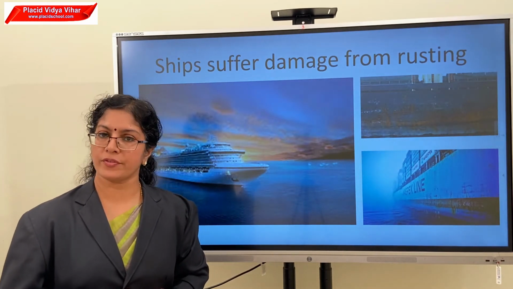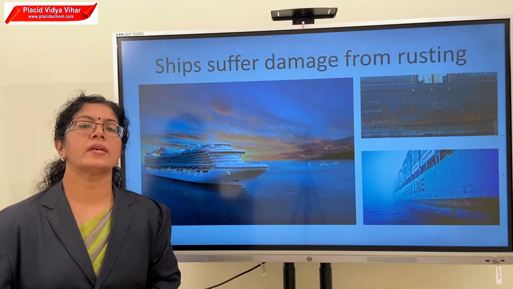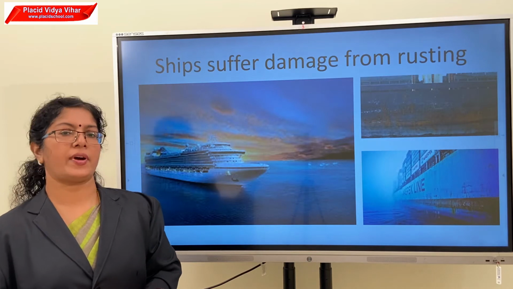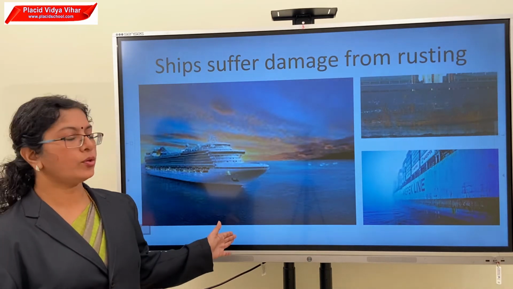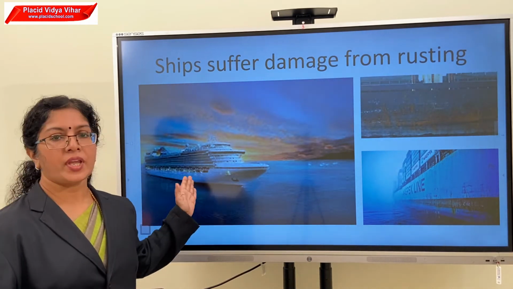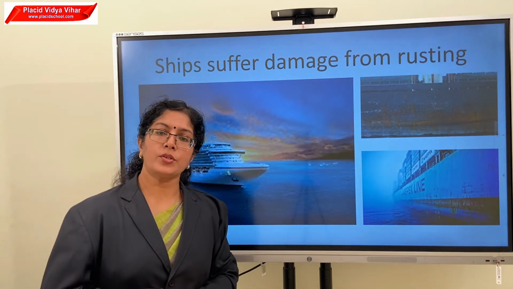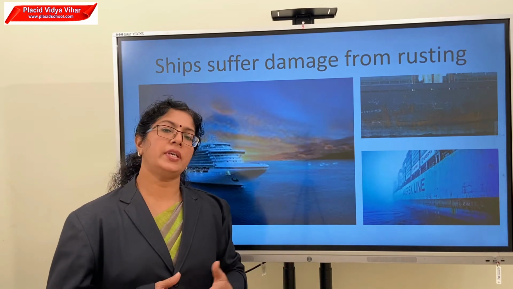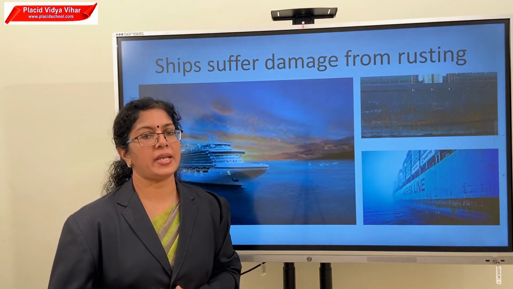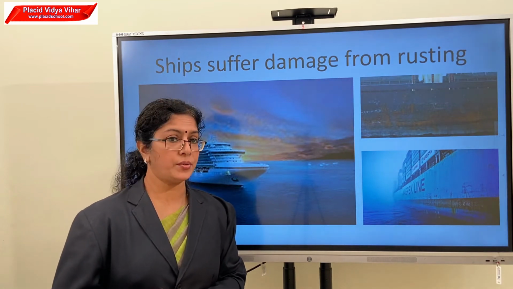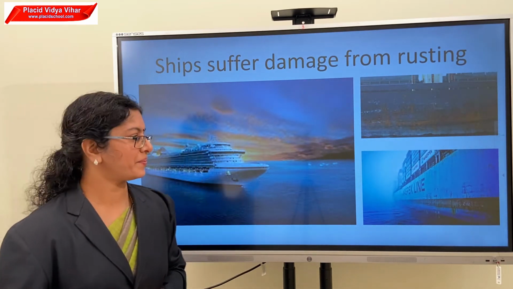So the presence of salt also increases the rusting process, or makes it faster. So even though it is painted, ships suffer due to rusting. So some parts of the ships are replaced every year. This also causes a huge monetary loss.